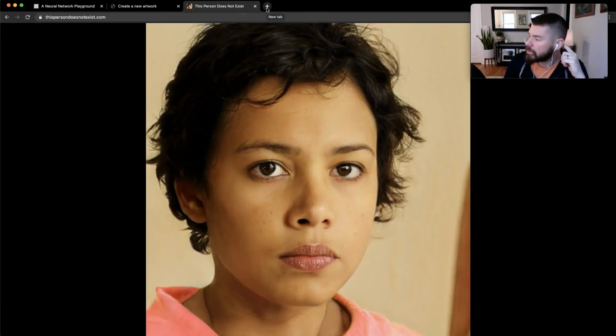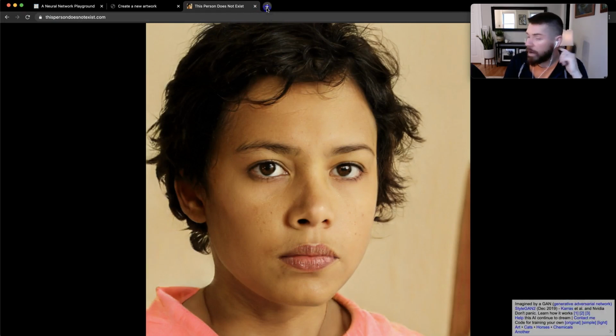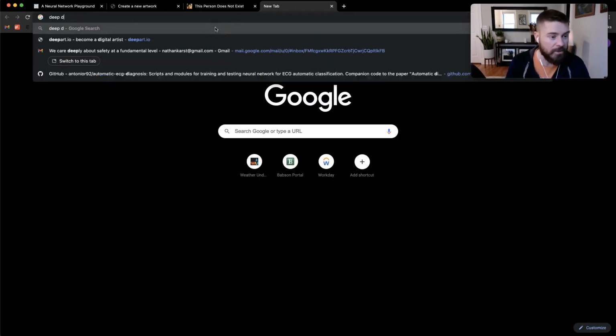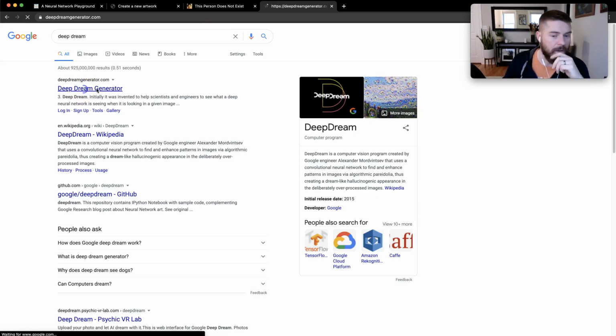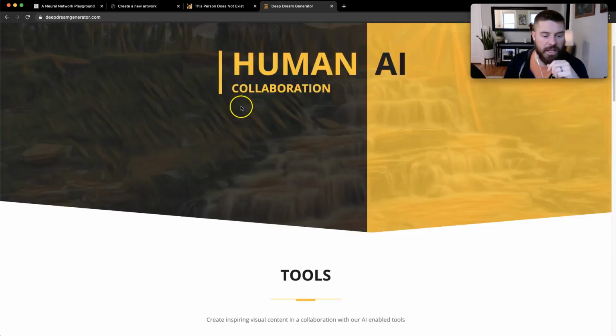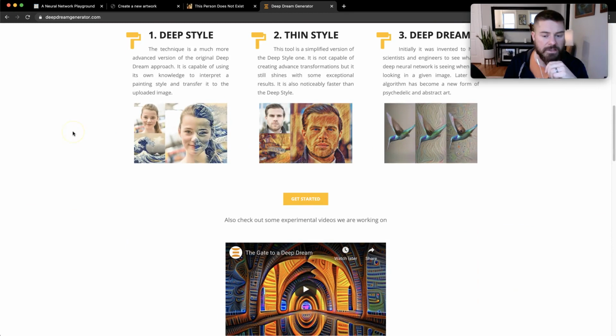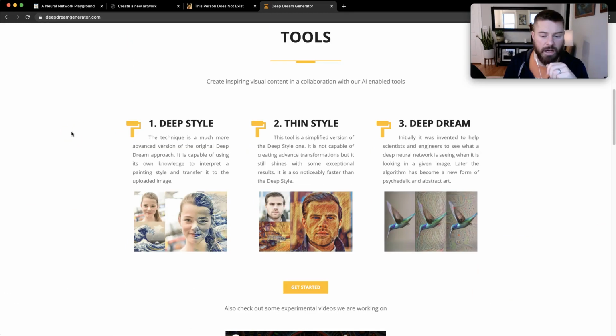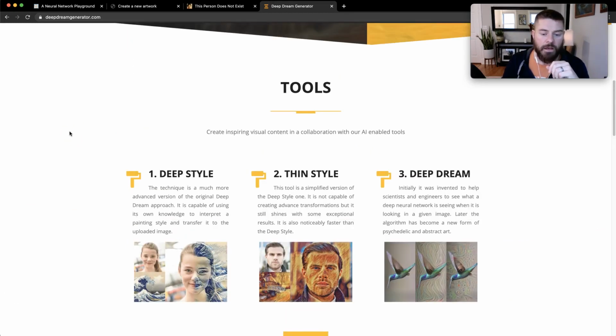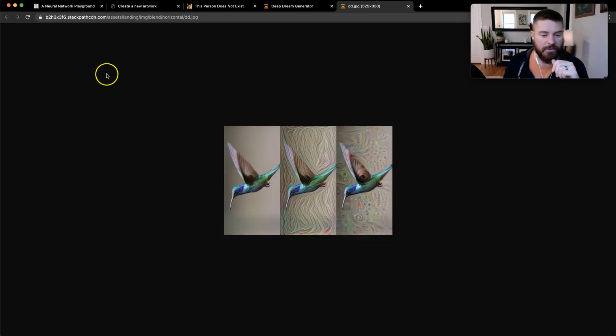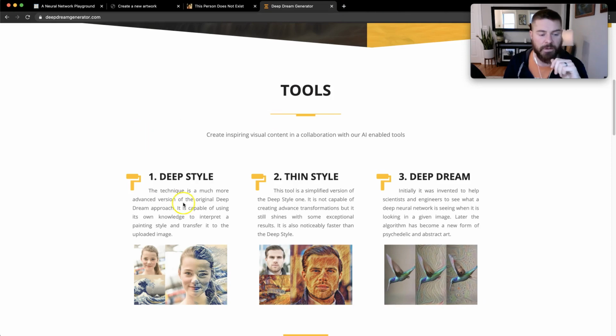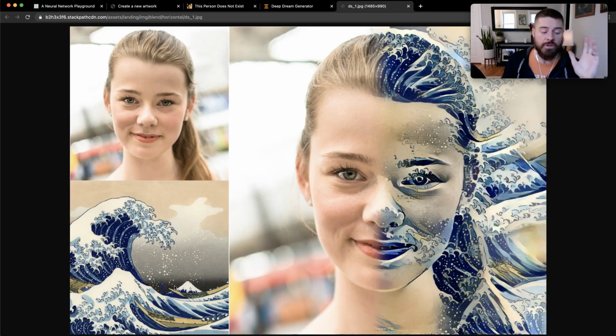The other one I wanted to show you was Deep Dream. I forgot to do this one earlier. So Deep Dream is much the same. It's kind of hard to describe, but you can do the same style thing that we did earlier and apply a style to a particular picture.